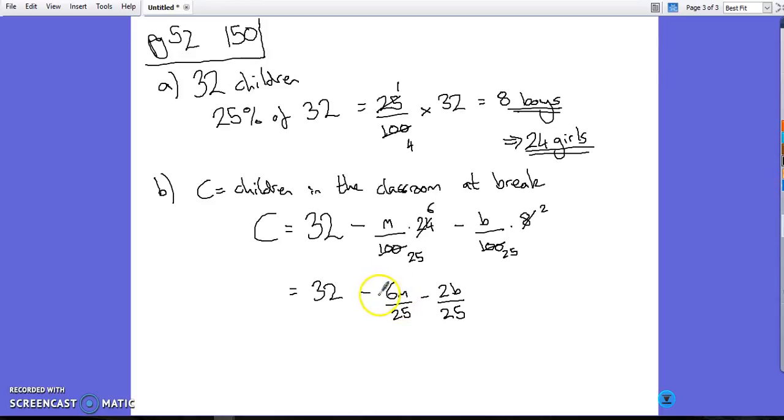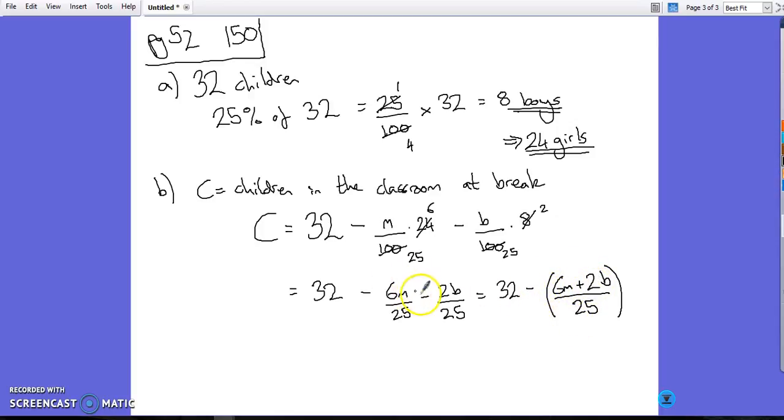And I can bring these two over a common denominator. But what I would need to do first is to take out the negative symbol as a common factor. So this subtraction symbol here, the minus. So if I do 32 minus, in brackets, 6m plus 2b over 25, then you'll notice that if I multiply out this bracket, I'll get minus 6m and minus 2b again.